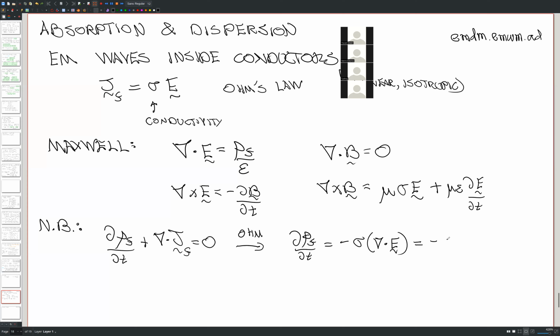So here I've got some coefficient sigma over permittivity times rho f.